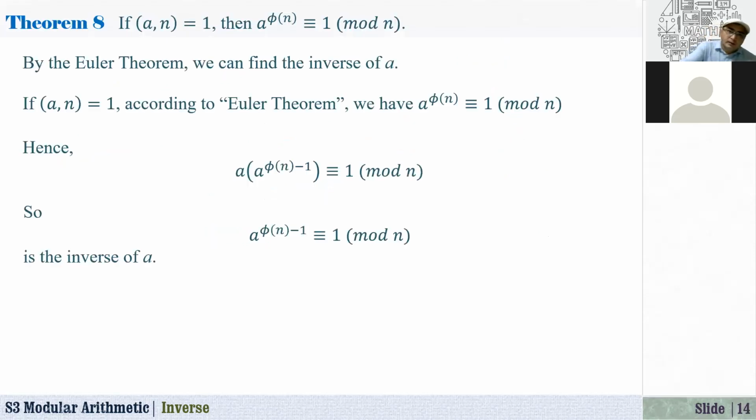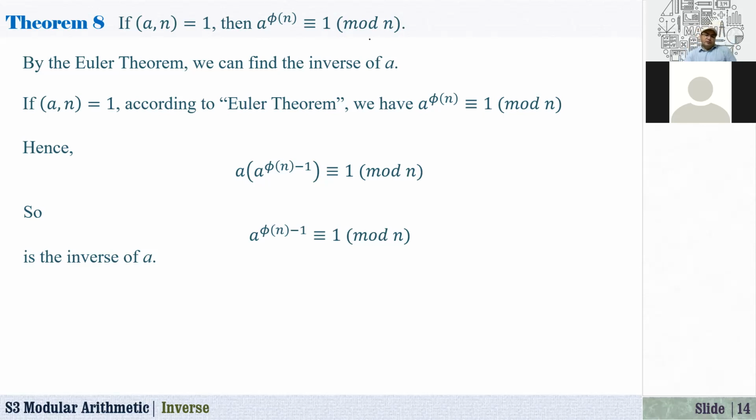Okay. Now let's talk about our main theorem then. This theorem 8 says that is the Euler's theorem. If the highest common factor of a and n is equal to 1, then a to the power of phi of n is congruent to 1 modulo n.